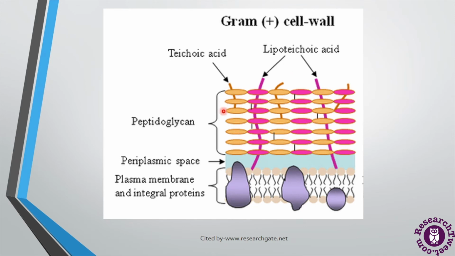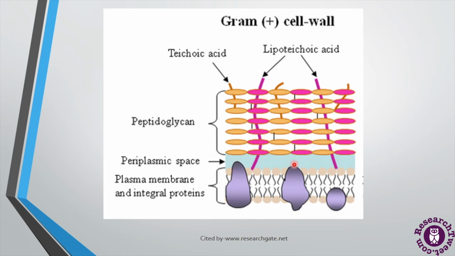Then there is a thick layer of peptidoglycan which also has teichoic acids in its structure. This peptidoglycan layer is followed by a periplasmic space, which is the space between the cell wall and plasma membrane of the cell.